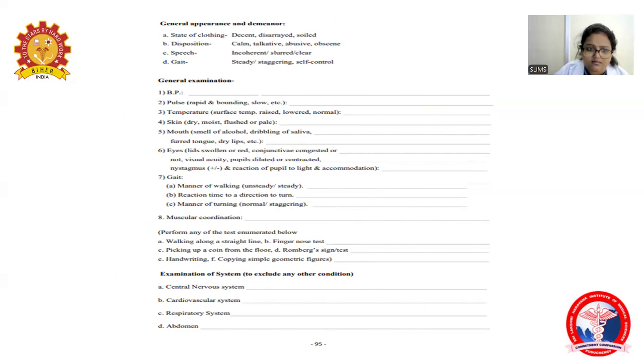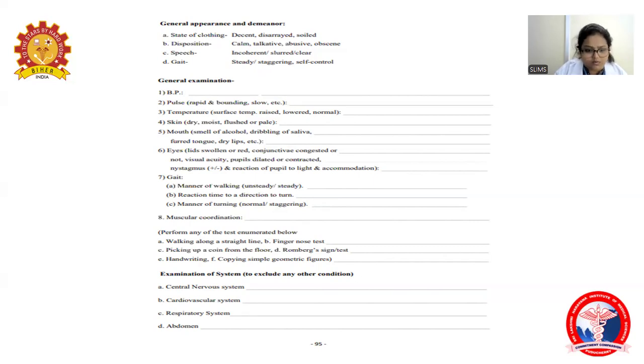The way he behaves, his speech, his disposition, his gait, his manners have to be noted first, and then the vital examinations of pulse, BP, temperature, his skin, the breath smell of alcohol, his eyes, the condition of the conjunctiva have to be noted, and then the gait, whether it is steady or unsteady, his reaction time, and then the muscular coordination tests: walking in a straight line, finger nose test, finger test, the Romberg sign, picking up a coin from the floor, and his handwriting.